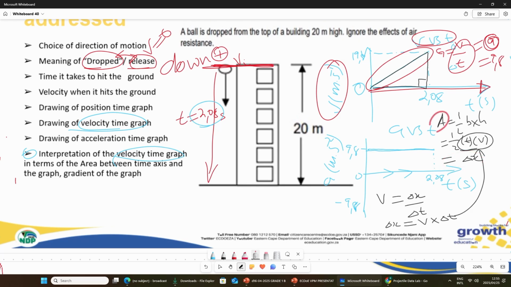That means the area below this graph is giving us a displacement. I think we're fine with that.